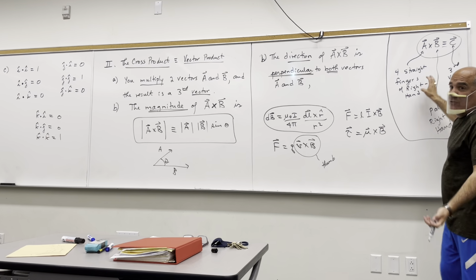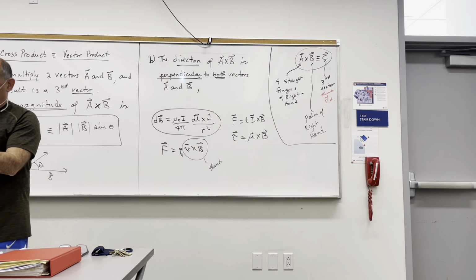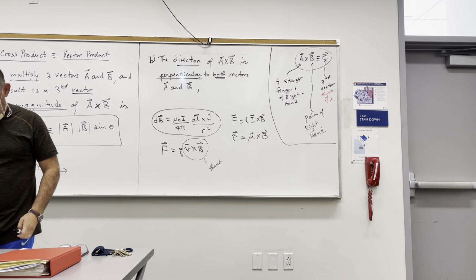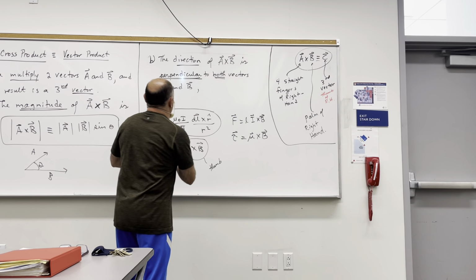So, not difficult to calculate the magnitude of the cross product. The direction is where we have to be careful. It has to be perpendicular to both of them. But once I know the two vectors that I'm taking the cross product of, there are two possibilities. So it's the one determined by what's called the right-hand rule, because I was using my right hand. So I'm not done over here.